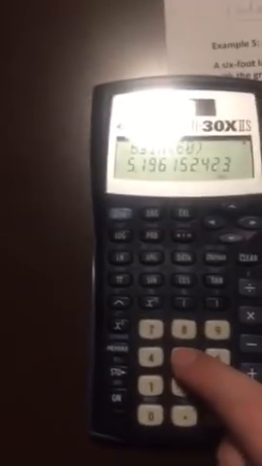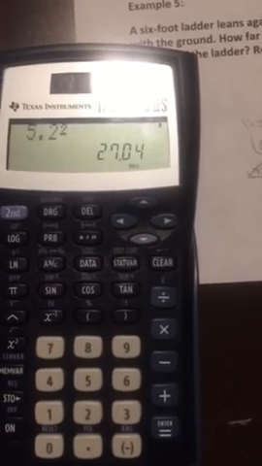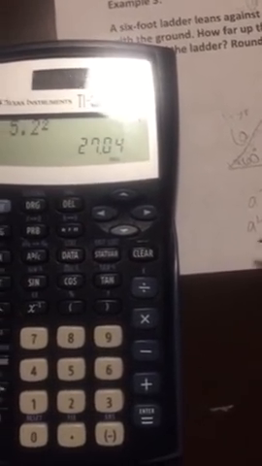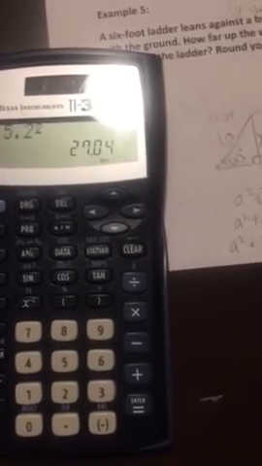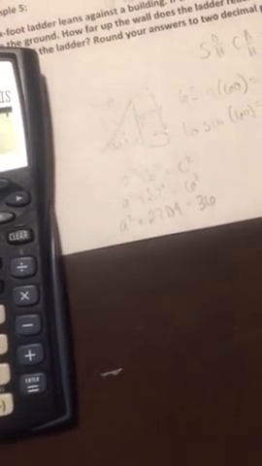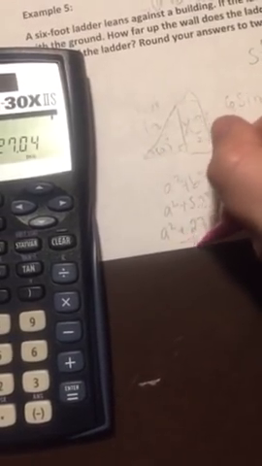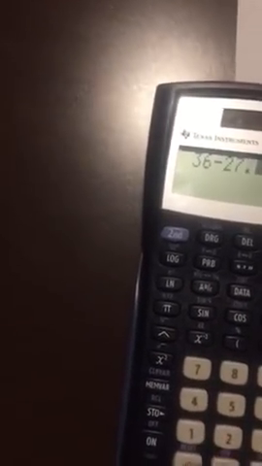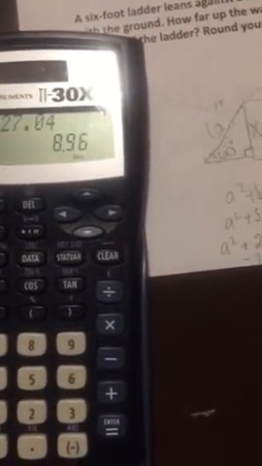Let's see, 5.2 squared is 27.04. 36 minus 27.04, and a squared equals 8.96.